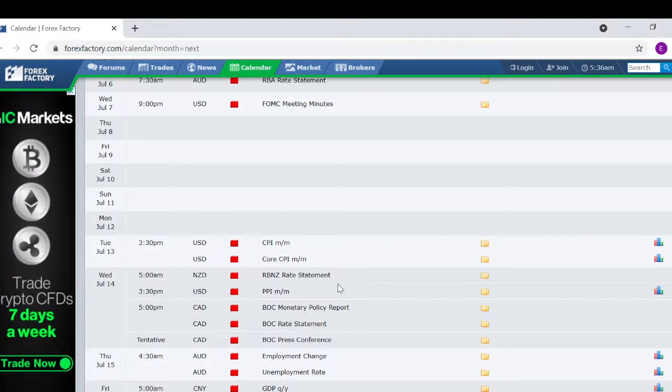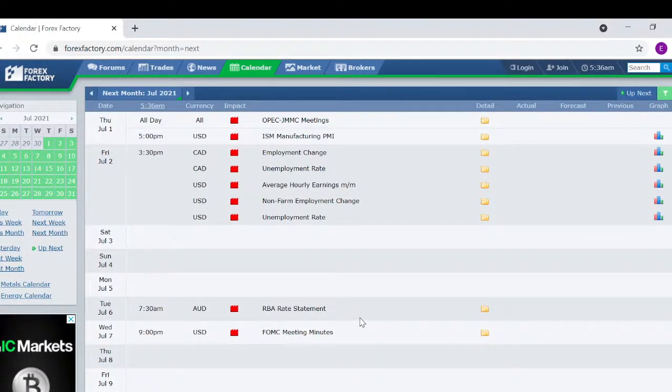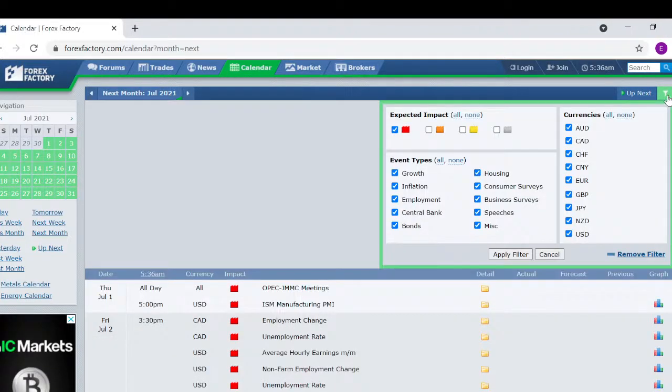And two. So I have this one, NZD, and unemployment. So those are the trades I'm looking at, and I will be able to trade on them next month.